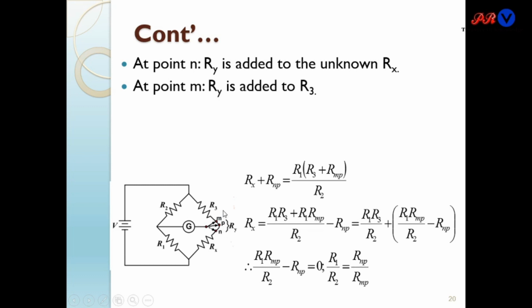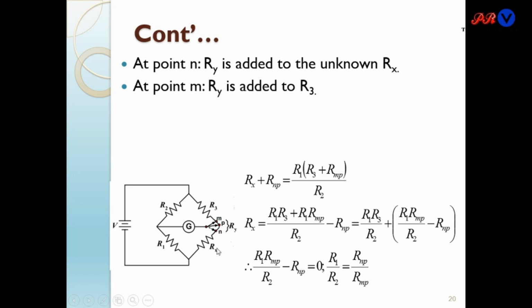So how can we calculate the resistance here? At point N, Ry is added to the unknown resistance Rx. We add this lead resistance Ry to Rx, giving Rx plus Ry, and if our lead is at point M, then this Ry is added to R3.